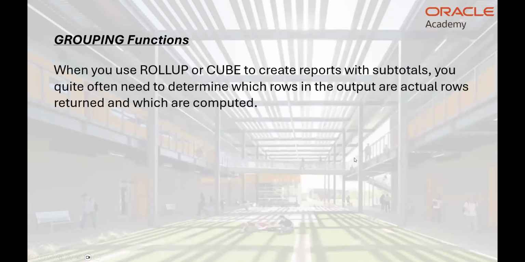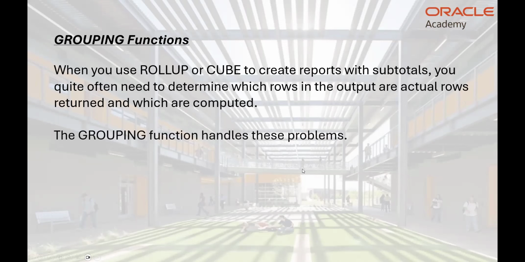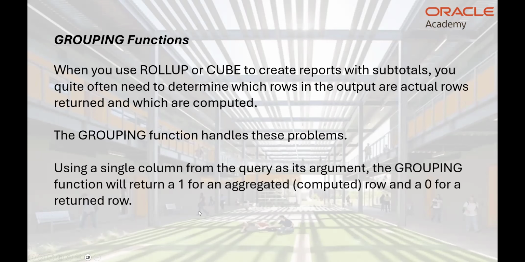All right, so it's kind of a summary in these grouping functions. When you use rollup or cube to create reports, you quite often need to determine which rows in the output are actual rows returned and which are computed. The grouping function handles these problems using a single column from the query as an argument. Grouping functions will return a 1 for a computed row and a 0 for a returned row.